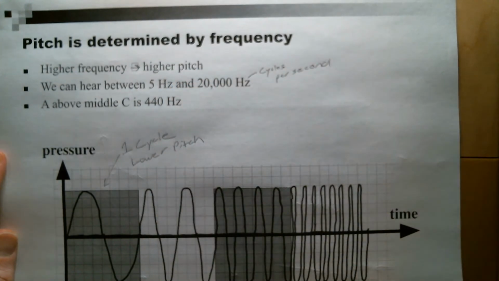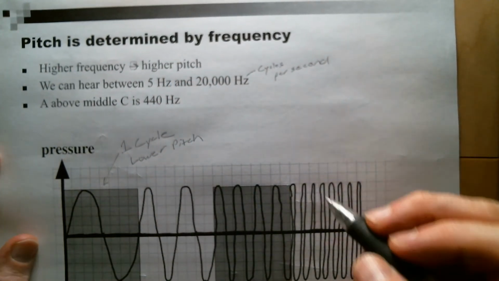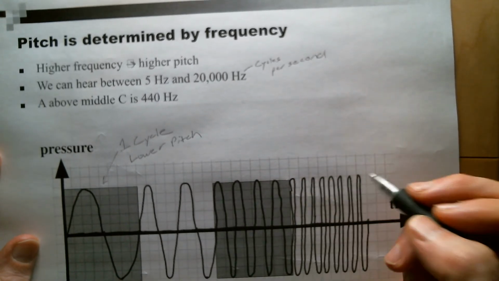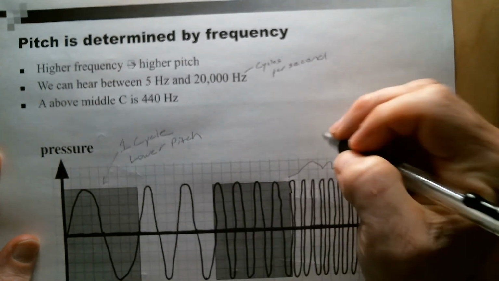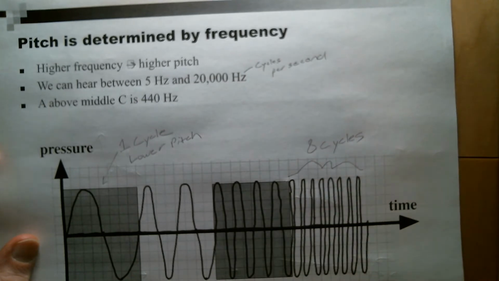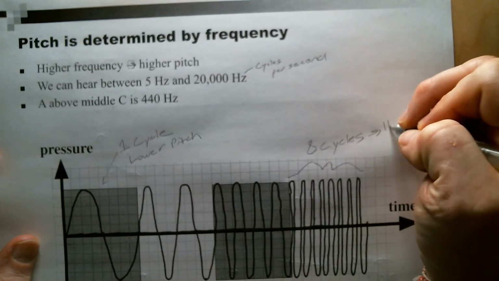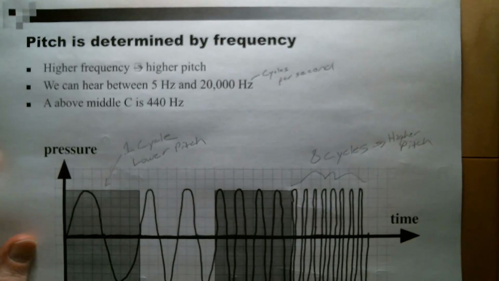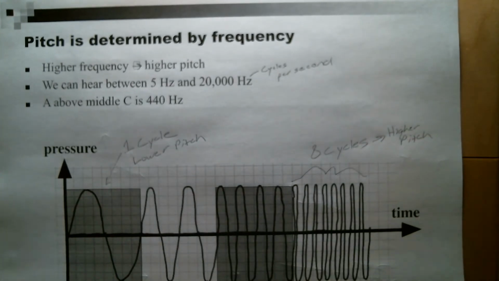If in that same period of time we had, let's say, 1, 2, 3, 4, 5, 6, 7, 8 cycles, that would give us a much higher pitch. So again, we can change the volume by playing with the amplitude, and we can change the pitch by playing with the frequency.